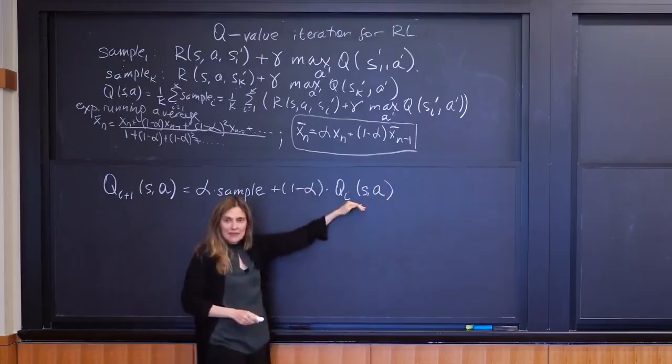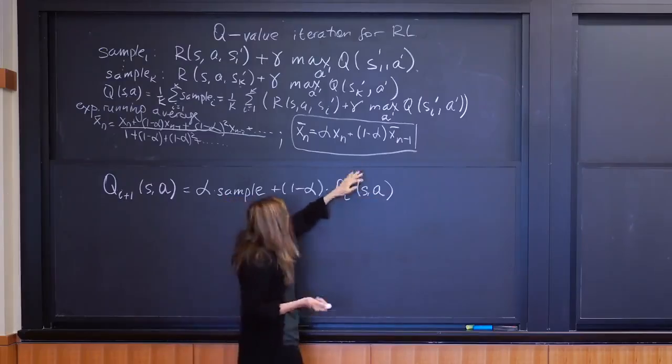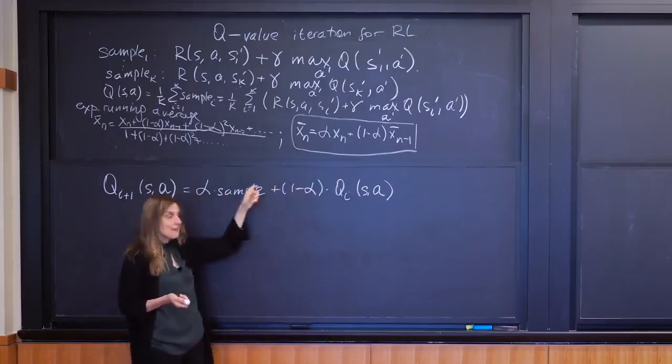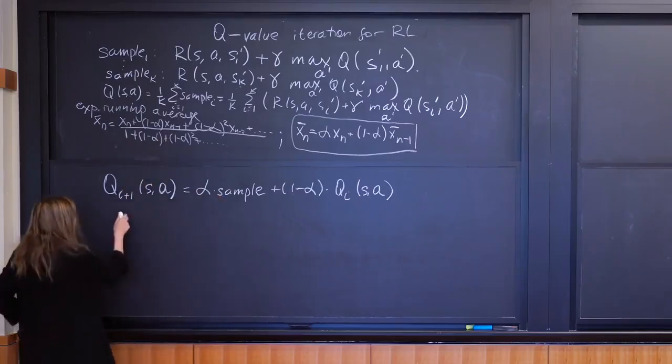This is our previous estimate of the value Q for state s and action a. So I multiply it by 1 minus alpha, and then I have alpha multiplied by sample. And sample will be one of those guys.